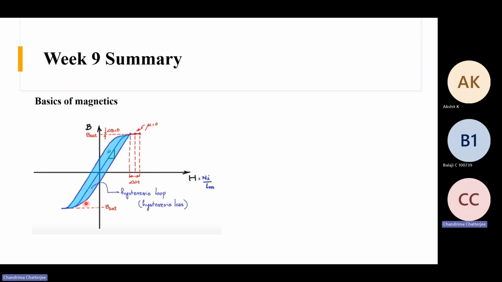And there is this loss incurred in the core, called the hysteresis loss, and another loss called the eddy current loss. These two losses occur in the core, and the higher this area, the higher the core loss.